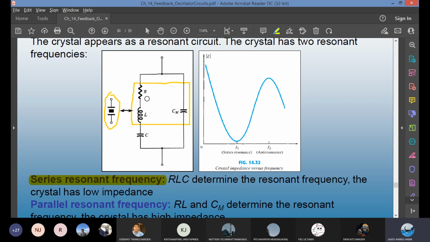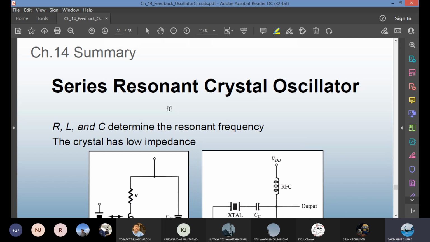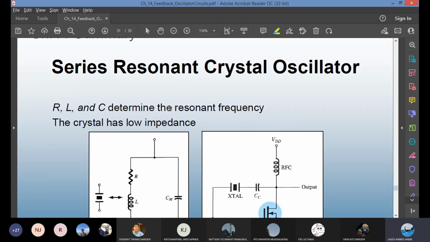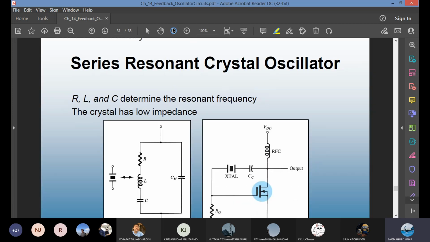At this series resonant frequency, the crystal has the smallest possible impedance, and the amount of positive feedback will be the largest. Let me show you a typical transistor circuit which has a crystal in series resonant frequency.